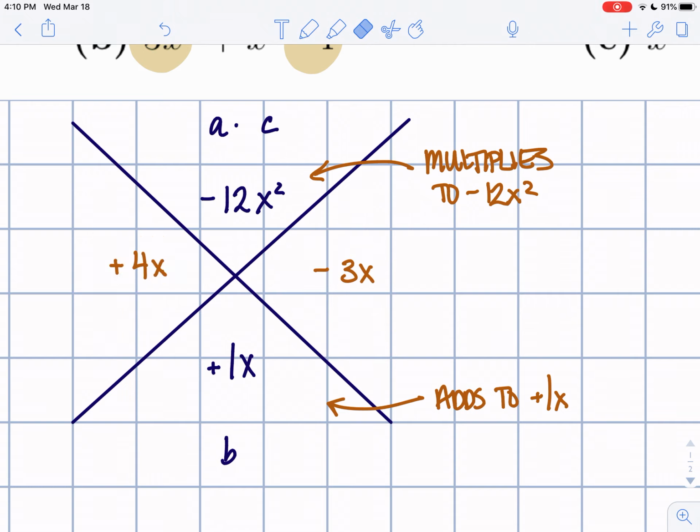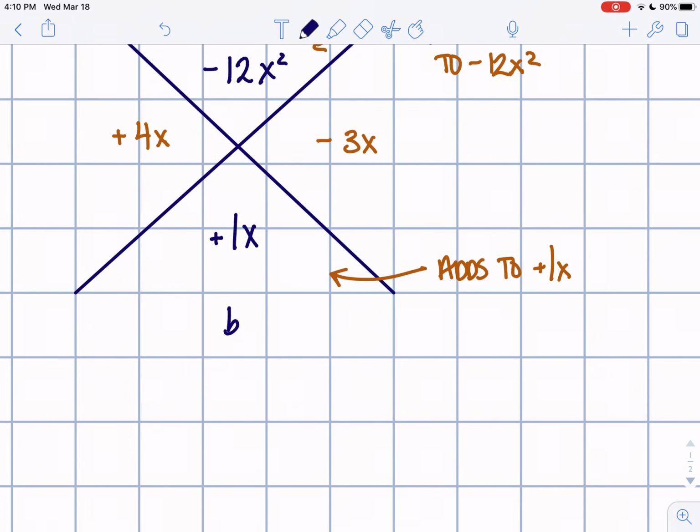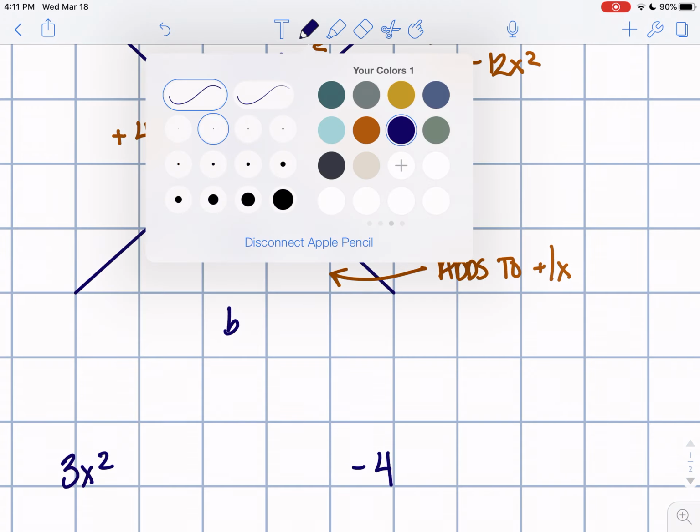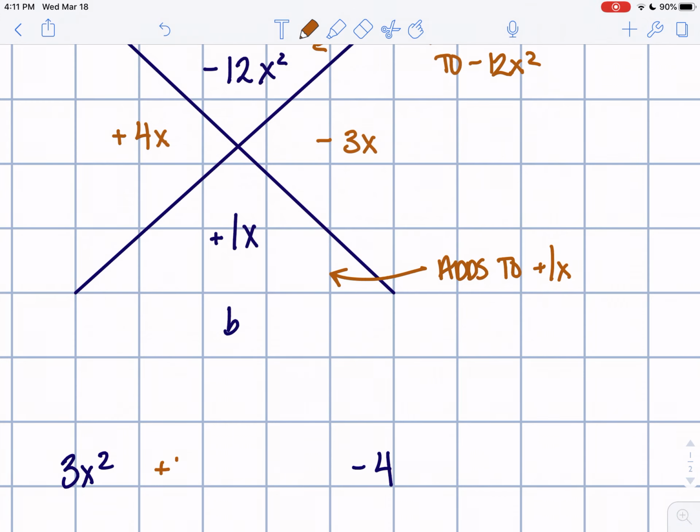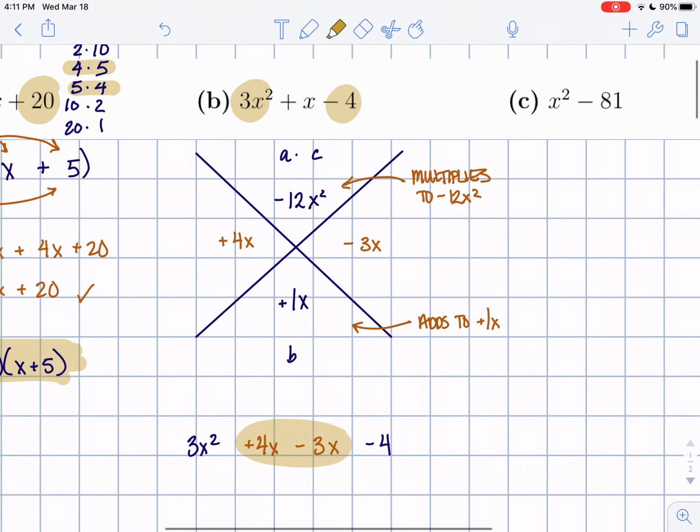That works well. So I'm going to rewrite my original A and C, 3x squared minus 4, but then I'm going to fill in that B value, plus 4x minus 3x. Now I want you to notice that this B value of plus 1x is the same B value that we started with, plus 1x.